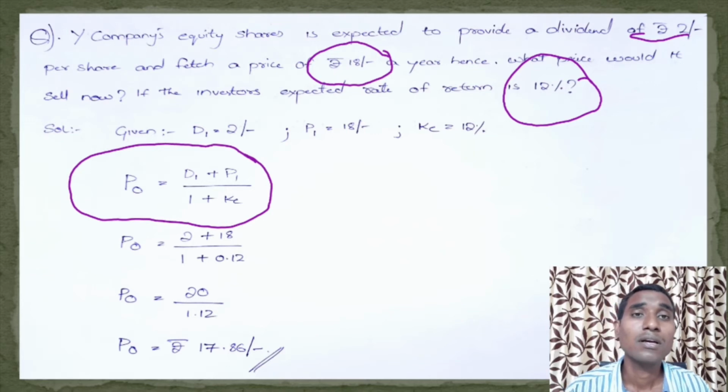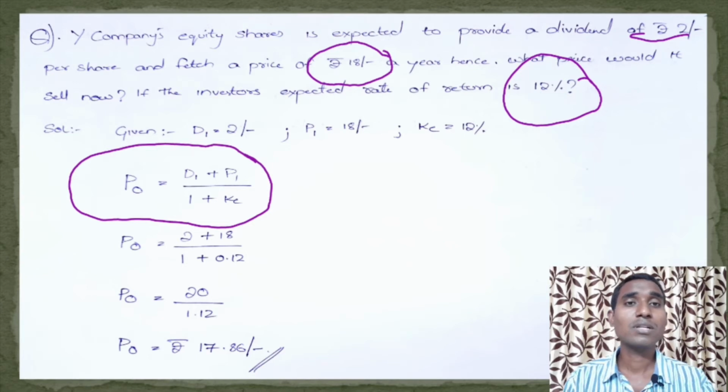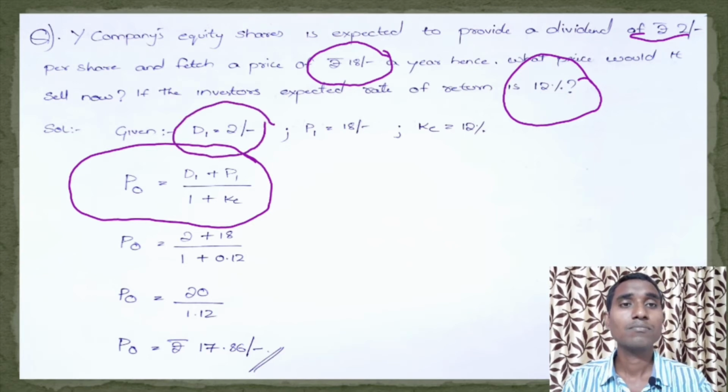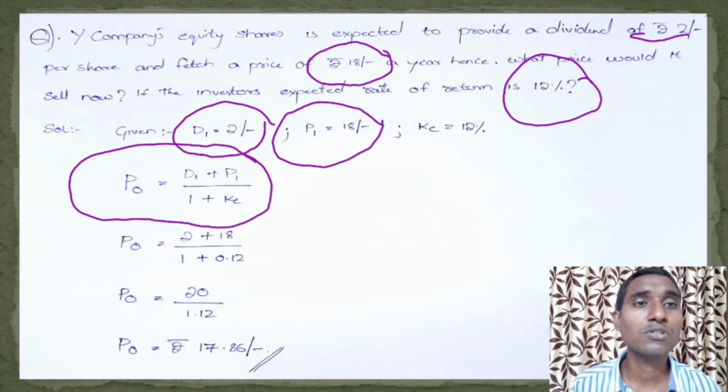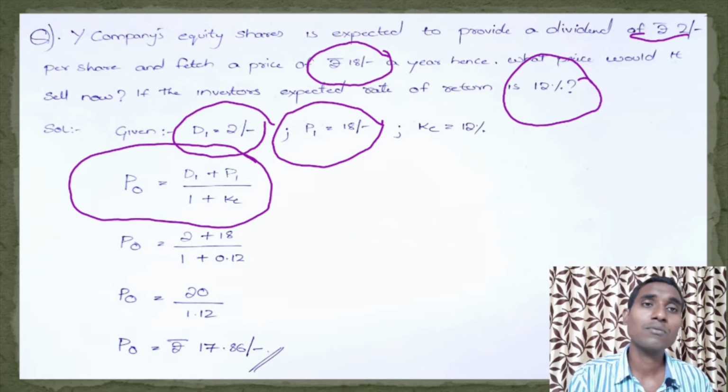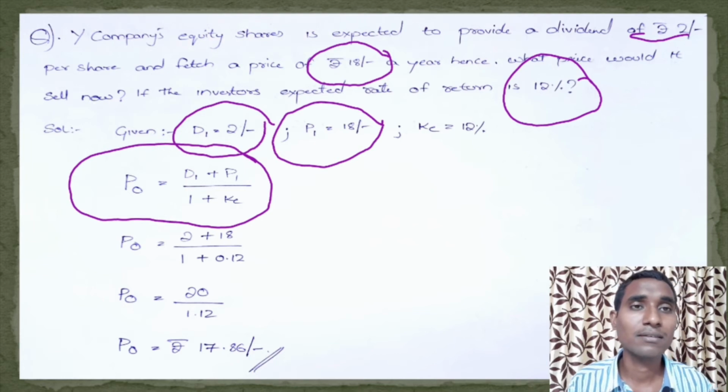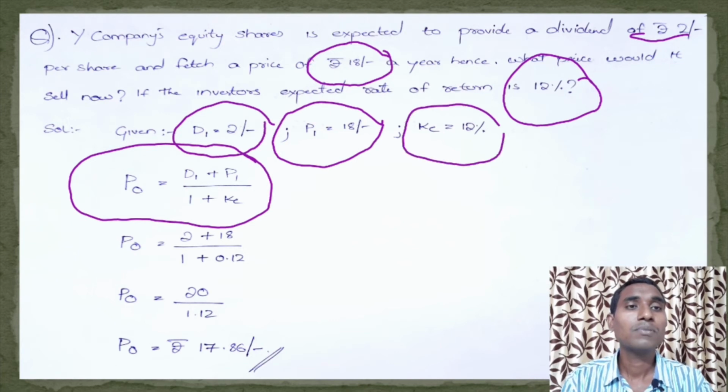In the question, the expected dividend D1 is already given, and the future price is also given, P1 equals 18 rupees. Here the investor wants to hold this for one period and then sell it at rupees 18. That is the reason we are using the 1 year holding period formula. The cost of equity here is 12%.